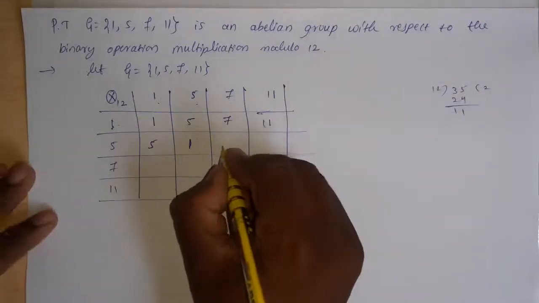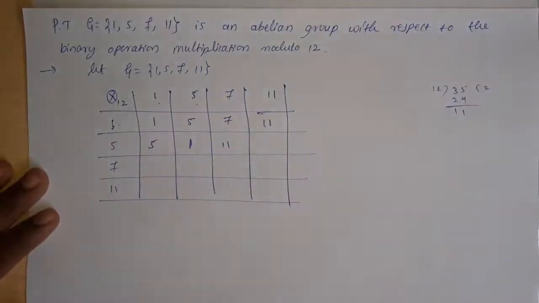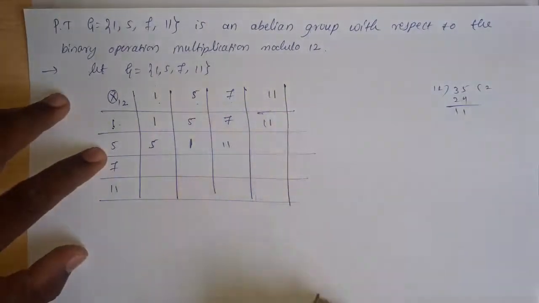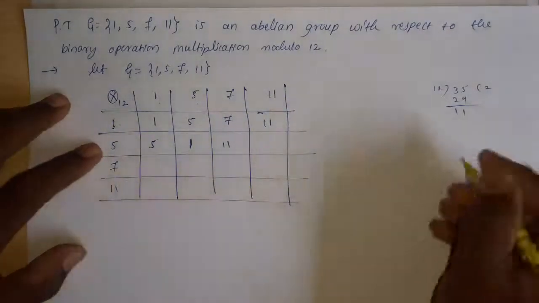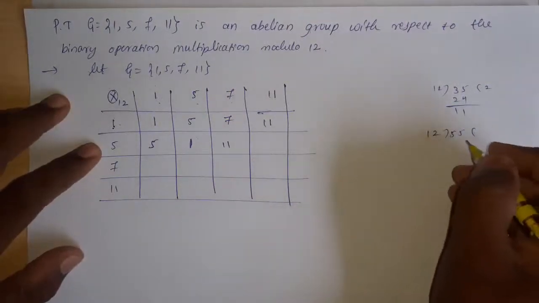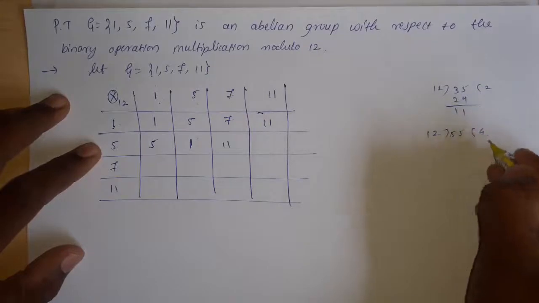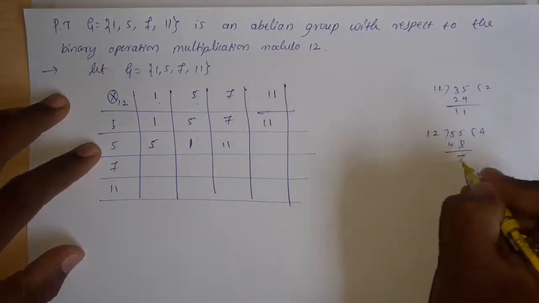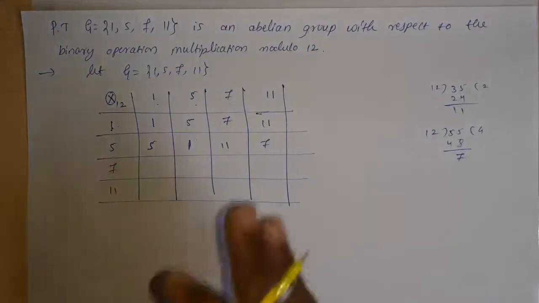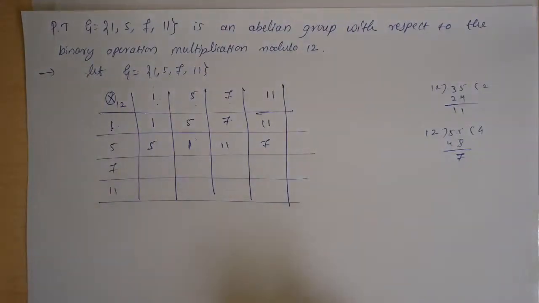So, therefore, here we need to substitute 11, and 5 into 11 is equal to 55, then dividing 55 by 12, 12 4s are 48, then the remaining 7 is the remainder. So, therefore, this is the procedure to construct a multiplication modulo table.